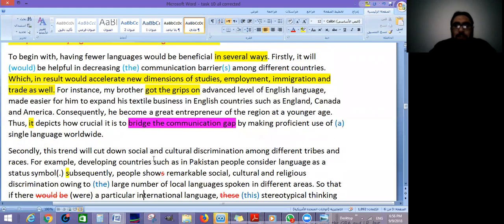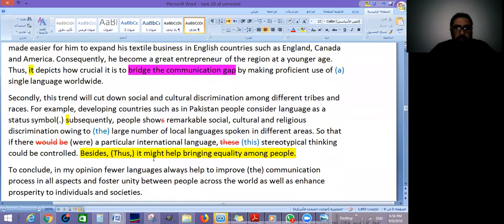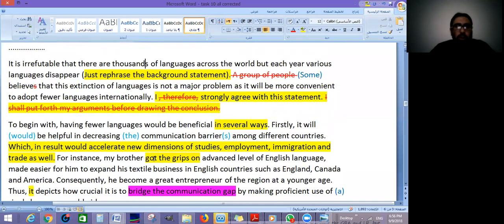We had the same idea that this is something that is positive. So from a task achievement and a coherence and cohesion point of view, it is better, a lot more consistent.